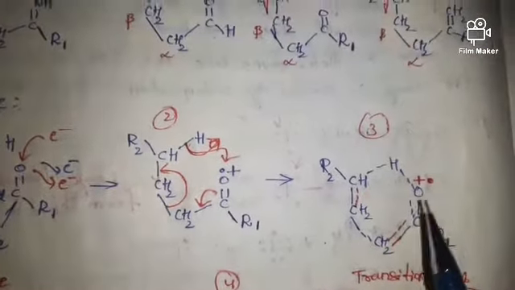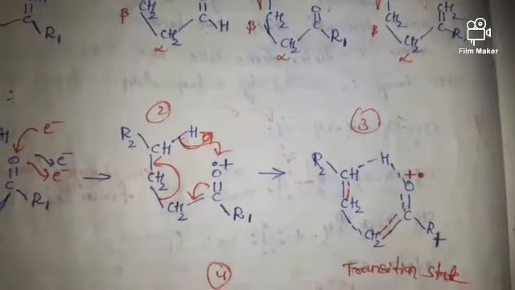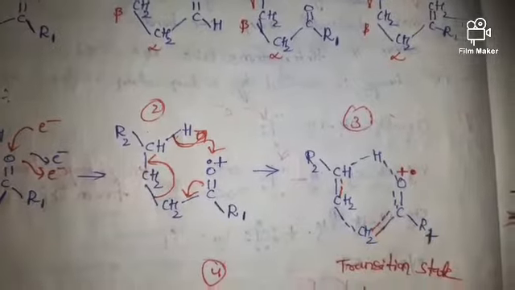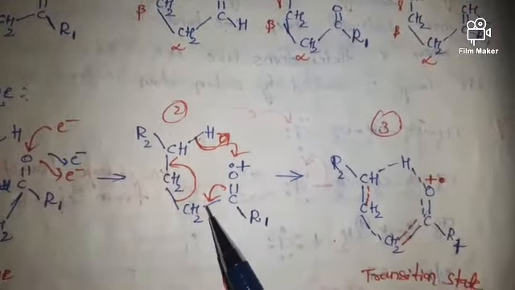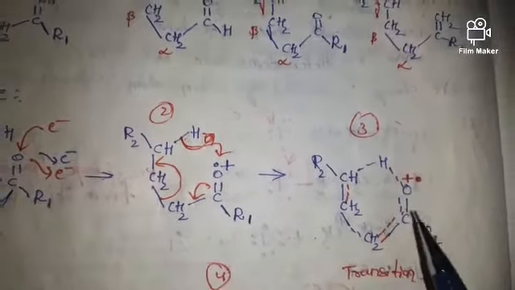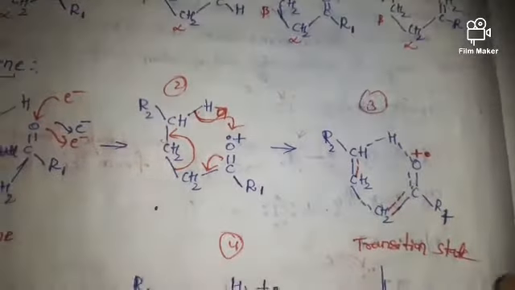This is the transition state, friends. I have shown the bond making and bond breaking. As the bond has shifted towards this side, I have shown this as a broken bond like this. So this is the transition state, friends.